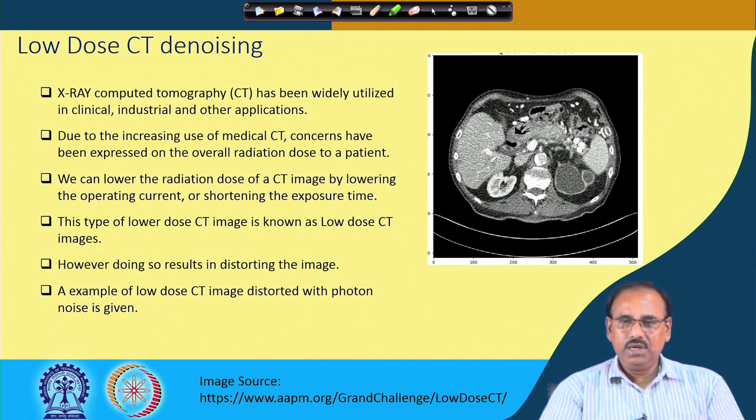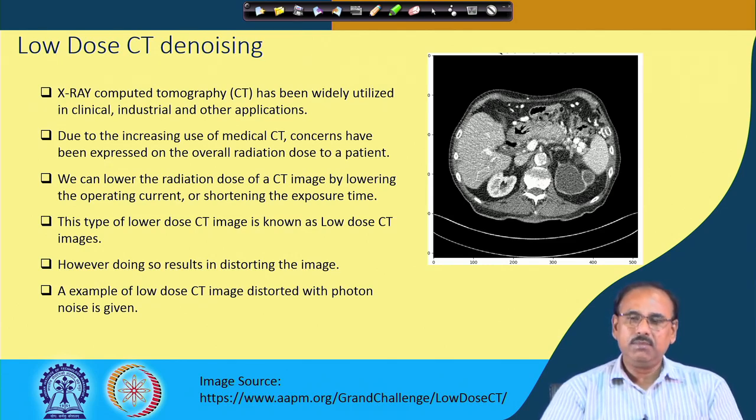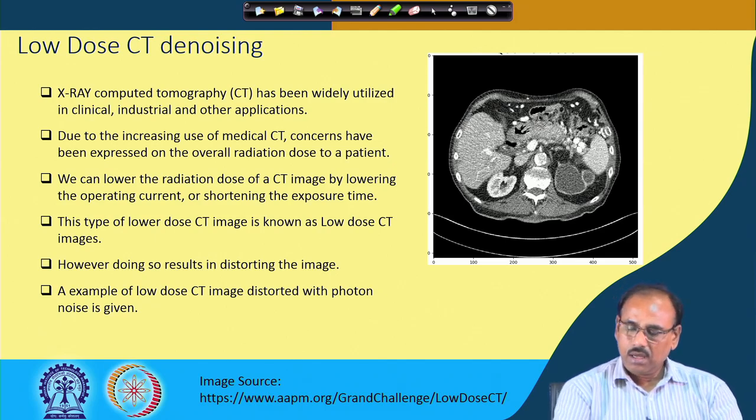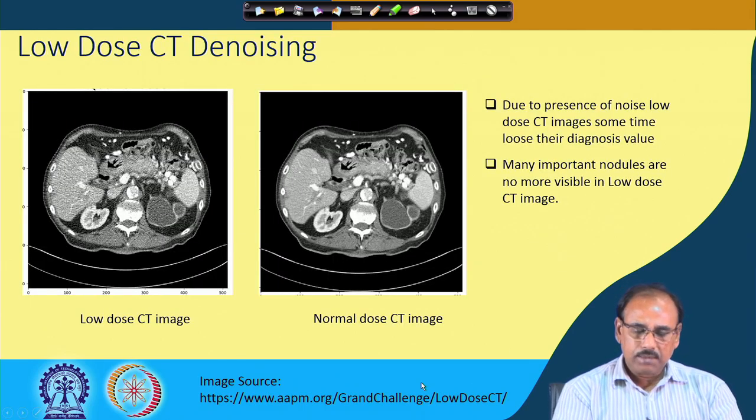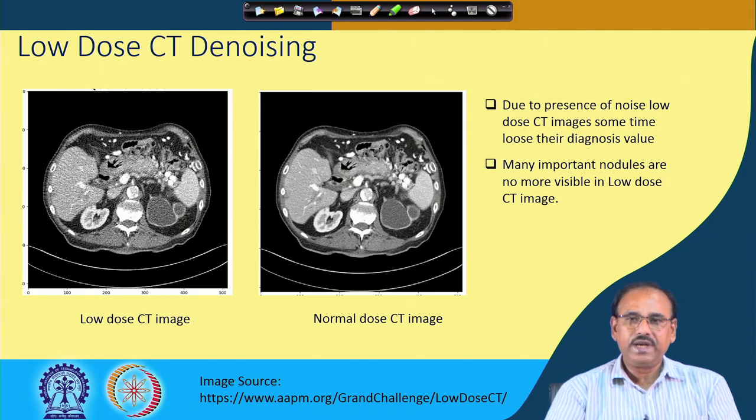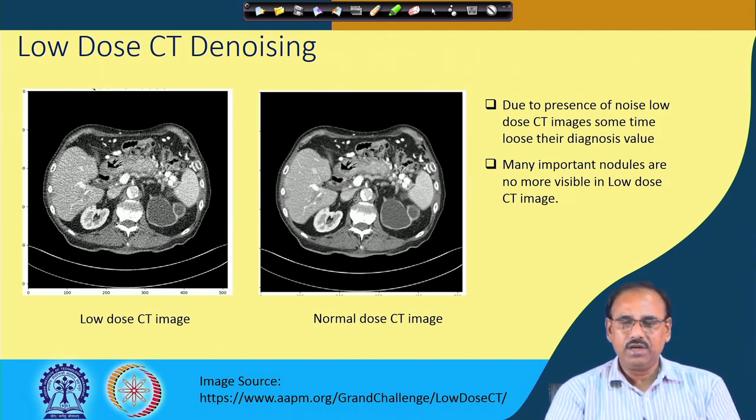But if you reduce the radiation energy, the image will be noisy, as is shown over here. So, you can use a similar denoising technique, using deep convolution and deconvolution networks, for cleaning these images. This example shows that again for training I need the low dose and high dose image pair, noisy image and clean image pair, for training of the network.